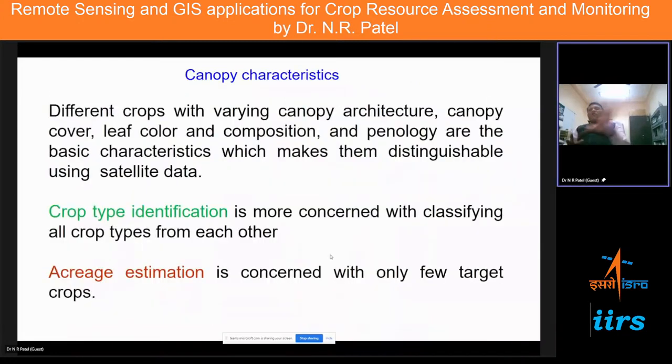So basically, crop type identification is concerned with classifying all crop types from each other. It is a very challenging task. Suppose it is in Gujarat or Maharashtra or some other region where there are more than five or six crops.